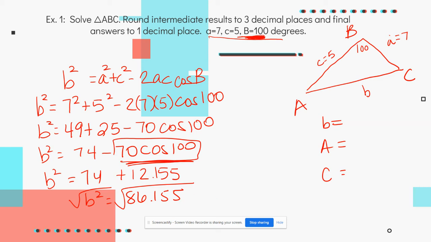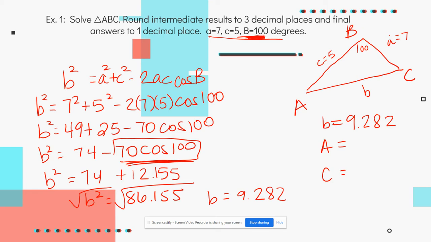There's a lot more numbers behind there, right? So I'm going to take the square root of my previous answer. And I'm going to get b equals 9.282.